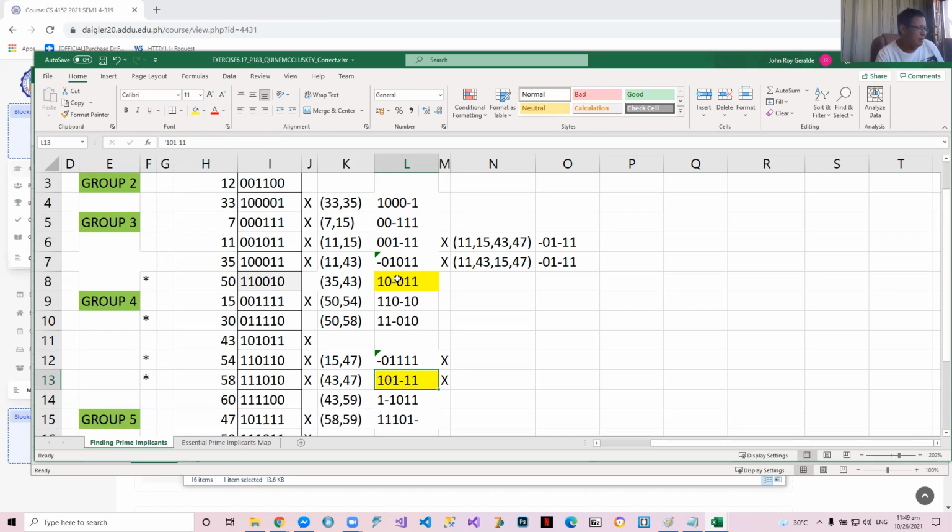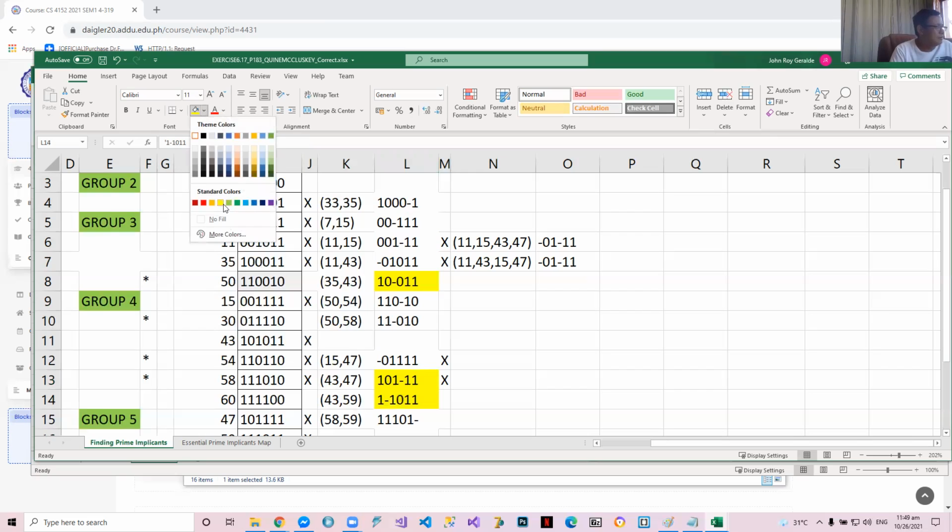But on the third, 1 dash, they differ. On the fourth, dash 0. So they cannot be merged. Did you follow? Why can't they be merged? 1 and dash is one difference. Dash and 0 is another difference. So they cannot be. Okay, so we'll yellow this. Then we'll white this.